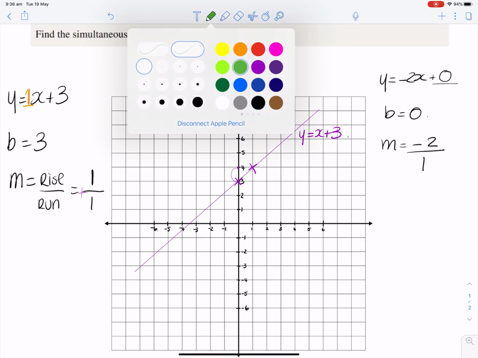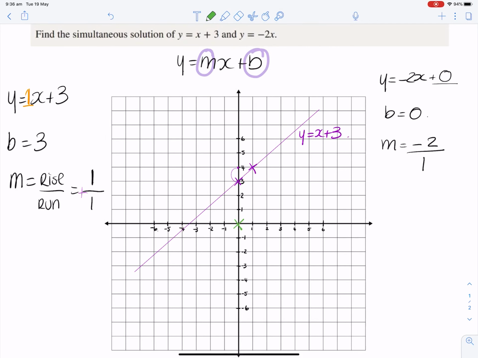In green, starting at the origin, my rise is 2, so I'm going to go up 2, 1, 2, and because it's negative, I'm running to the left. That brings me over to here, and that's my second point. Oh, that's really off, I've got to fix it up. Alright, so that's my point of intersection.